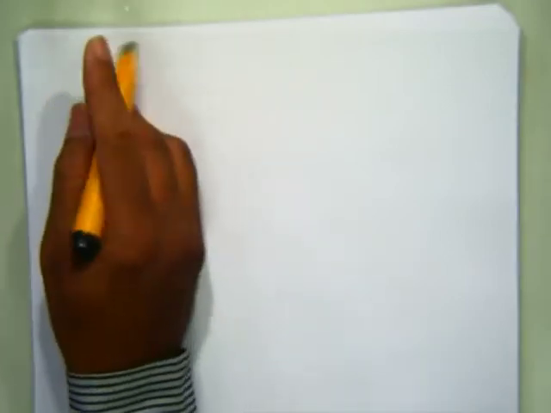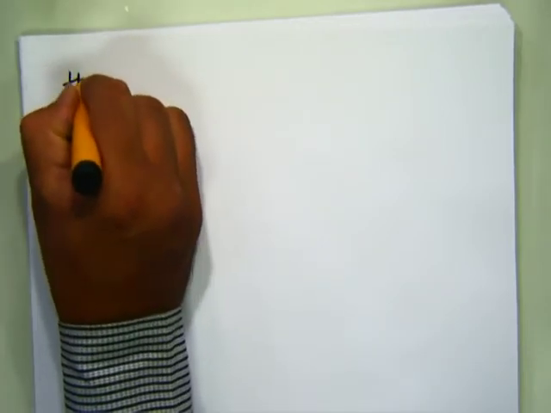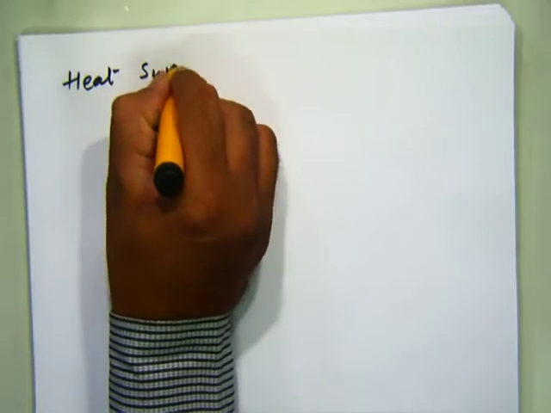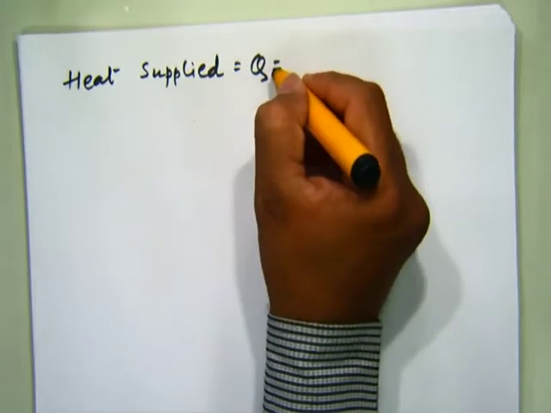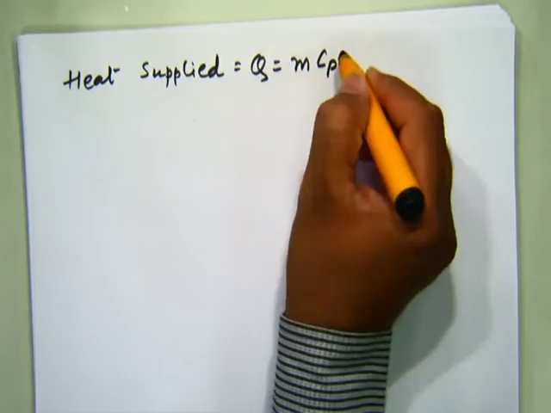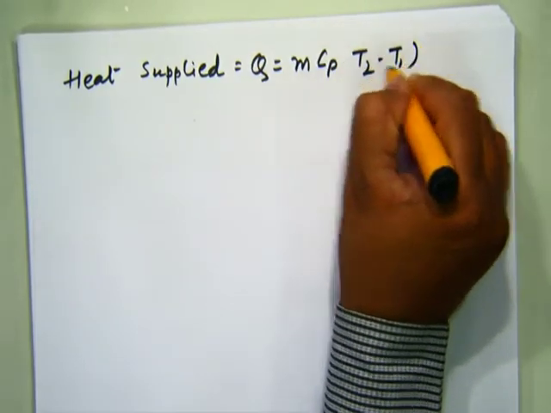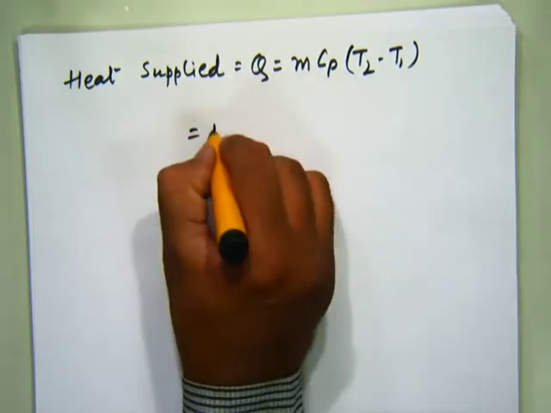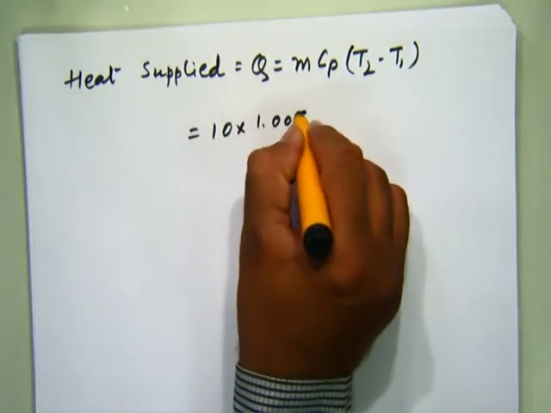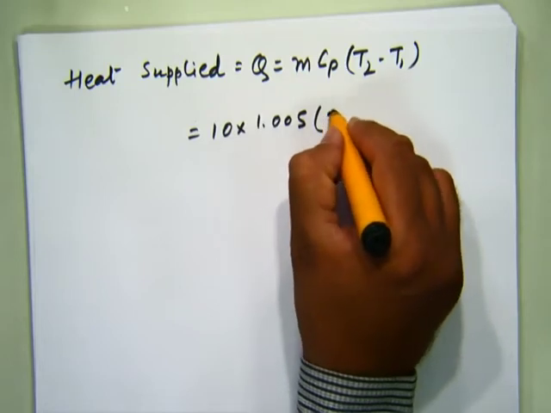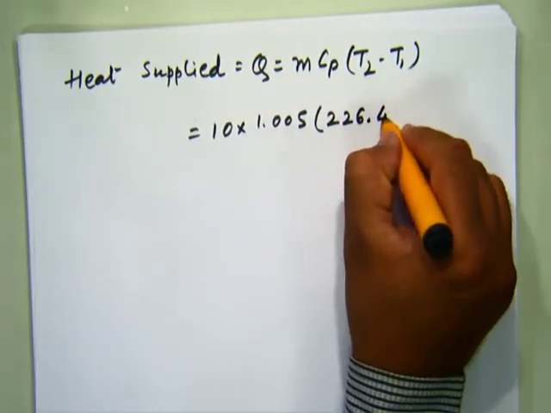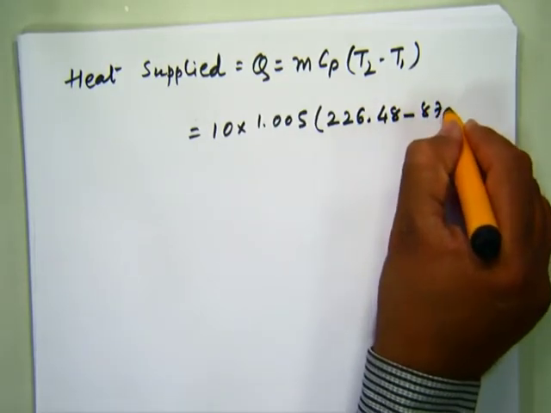Heat supplied Q is equal to m Cp (T2 minus T1), so it is equal to 10 into 1.005 into (226.48 minus 87.10).